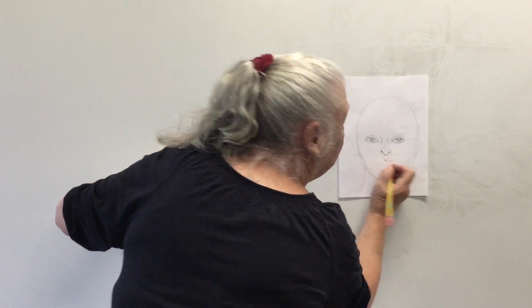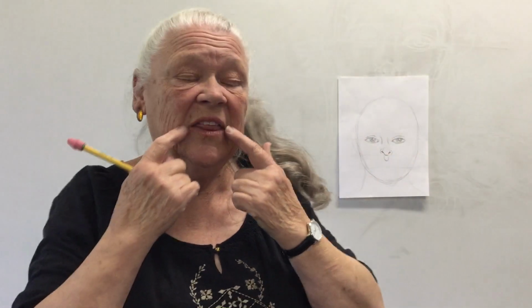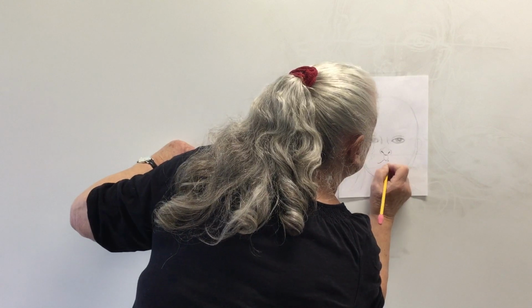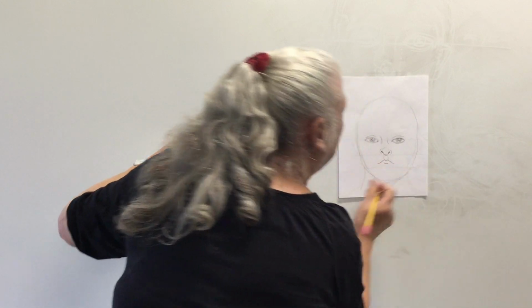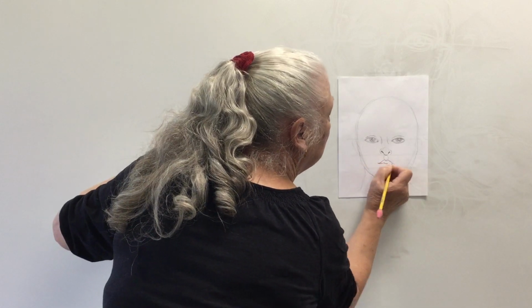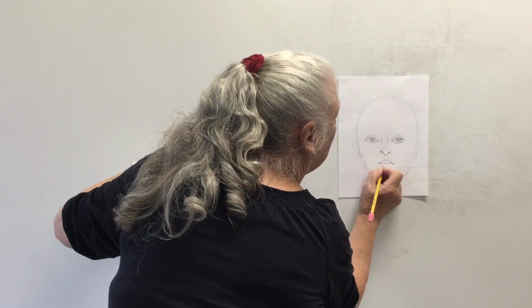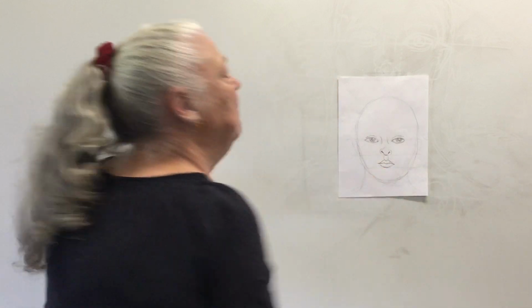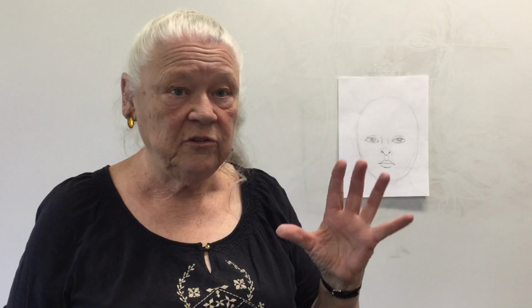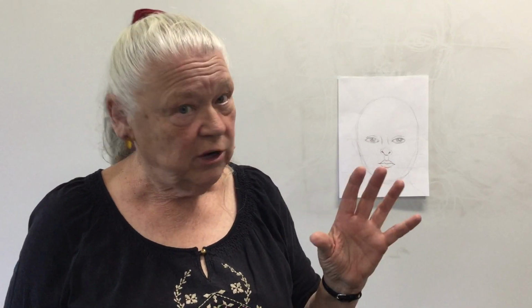And the shape of your mouth. If you look at my lips, they're not real big, but they're pointy at the top. Yours might be rounded like hills instead of mountains. There might be a more fleshy part to your upper lip here, or maybe not. I'm going to ask you to look at your lips in the mirror without smiling or frowning or sticking your tongue out.